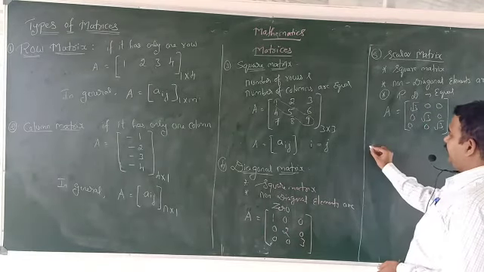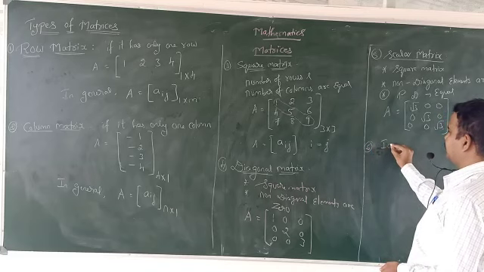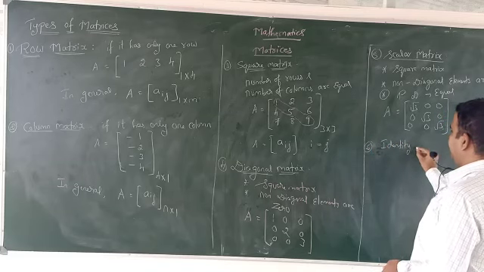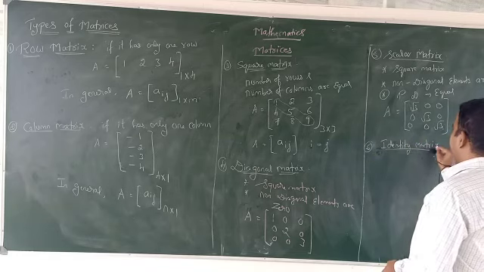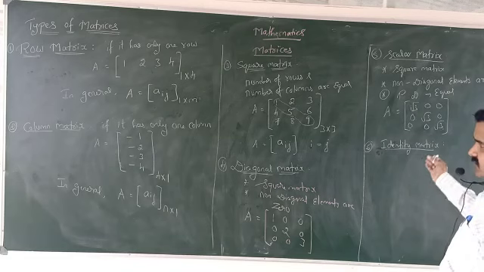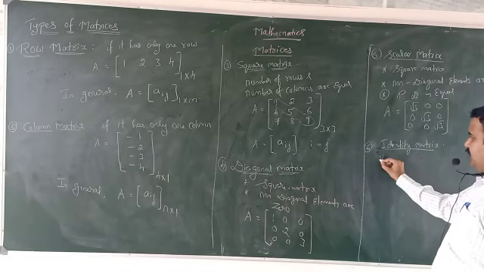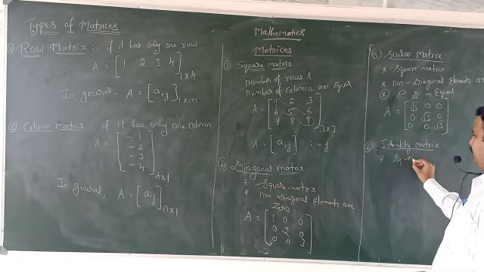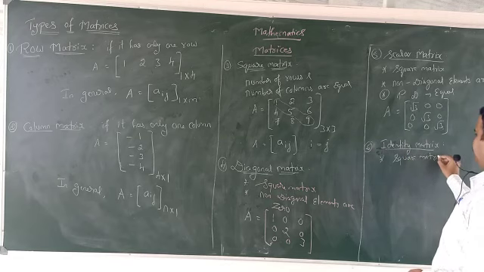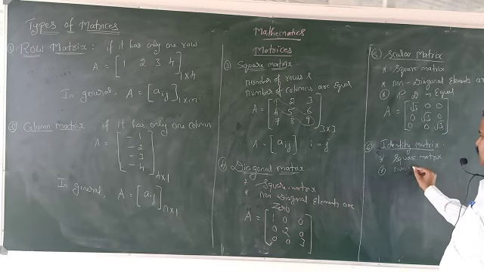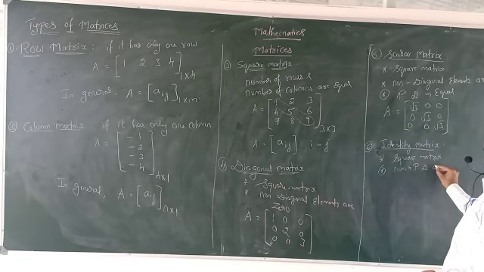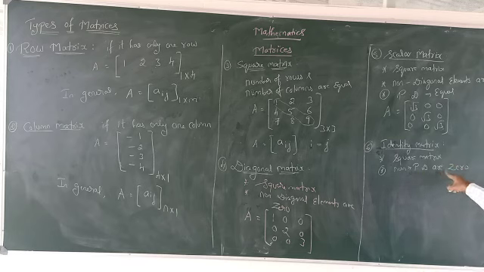And one more we have is the identity matrix. So what do you mean by identity matrix? Similar conditions. The first one, it should be a square matrix. The second one, non-principal diagonal elements are zeros.